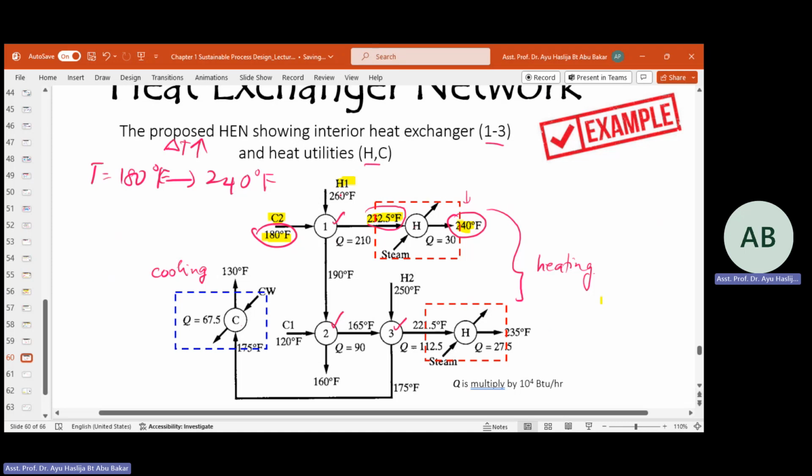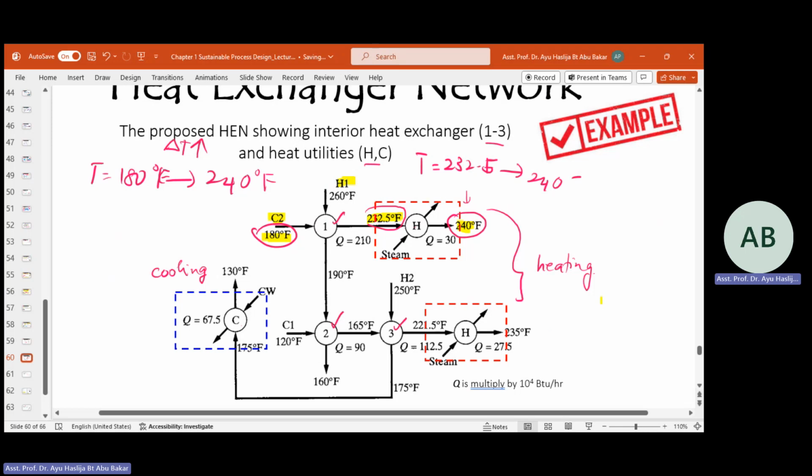Compare if you do the heat exchanger network. Supply the hot stream from H over here, pass through the C2. Somehow it will heat up the stream a bit. So here you will need to heat up the temperature from 232 up to 240.